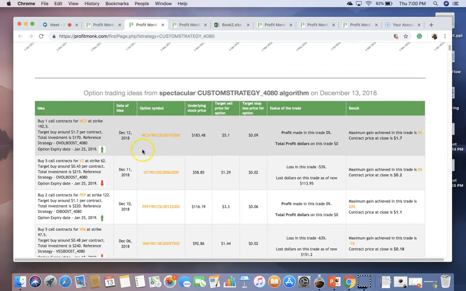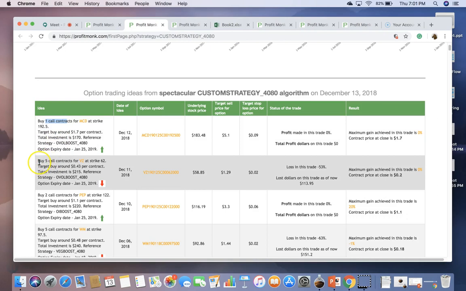Now, if I go down, let's look at one example trade. The first one that comes up is buy one contract for MCD at strike 192.5 and the target buy is 170. Why one contract? Because if you buy two contracts, you will be spending more than $250, because 170 times 2 is $340. Therefore, it limits you to $250 of maximum investment, and whatever contracts you can buy within that limit, it gives you that.